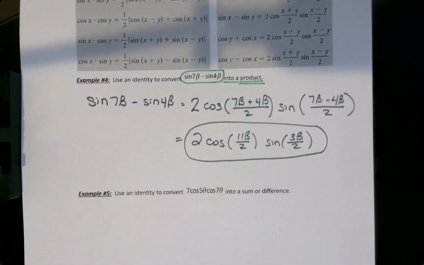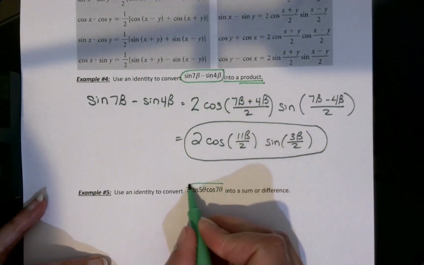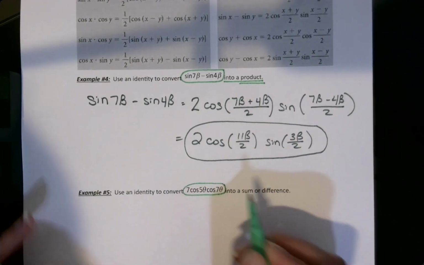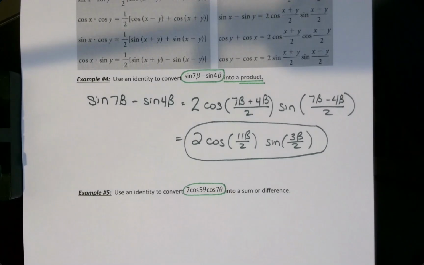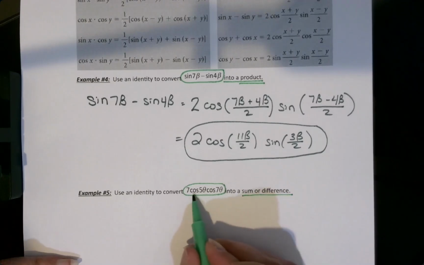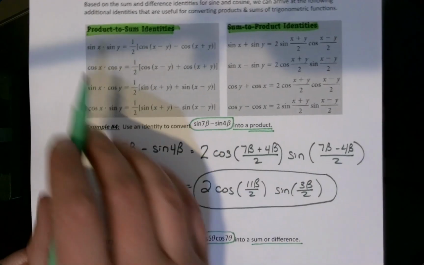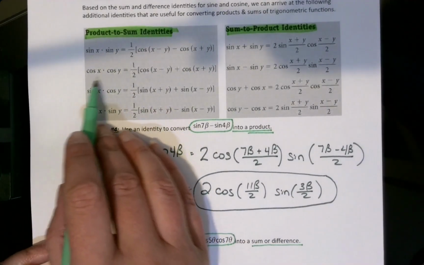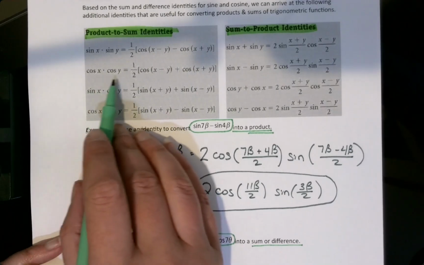In example 5, we're going to use an identity to convert 7 times the cosine of 5 theta times the cosine of 7 theta into a sum or difference. This right here is the product of two cosines. So that's going to be the second line here, the product of two cosines.